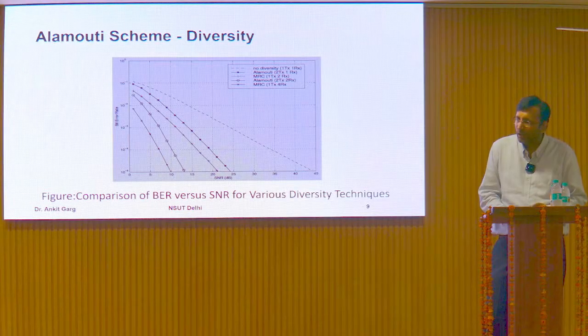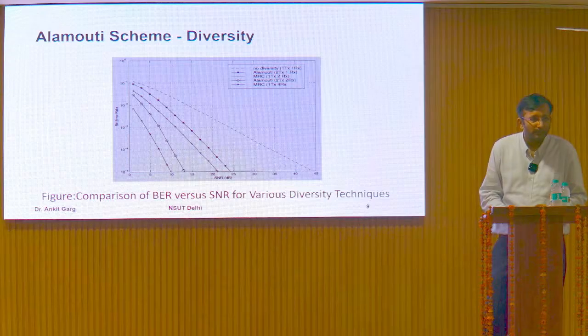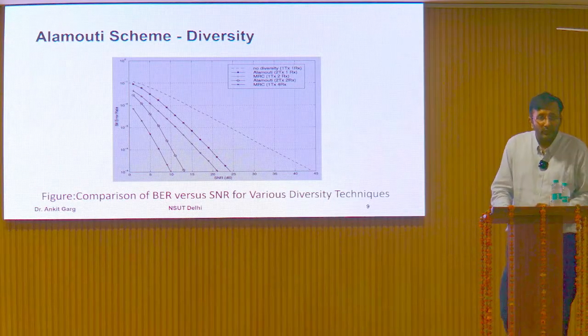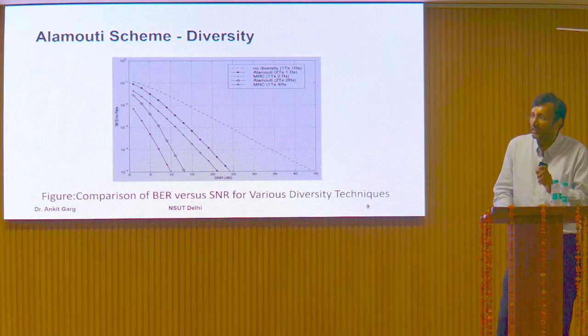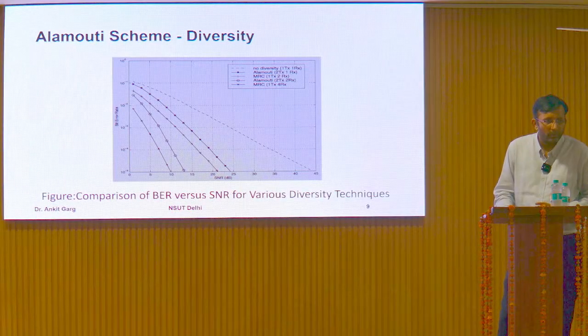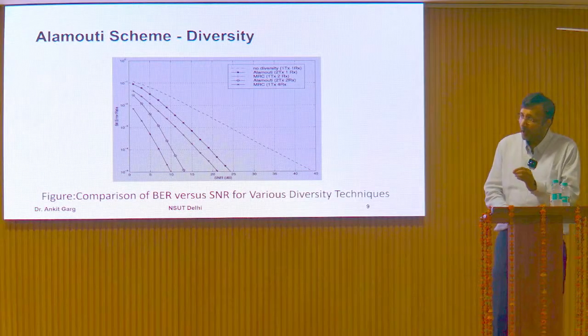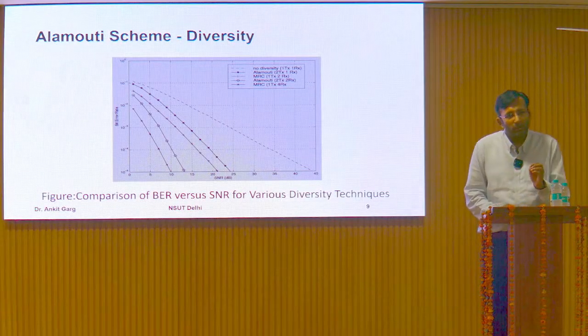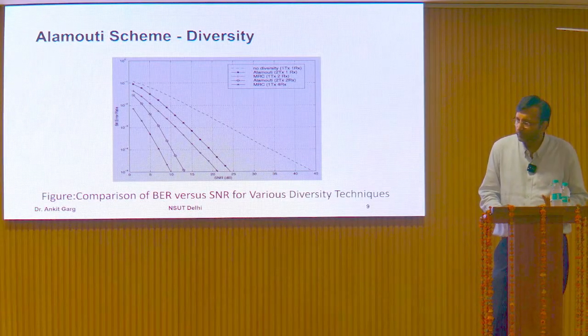Latency would be high, bandwidth and feedback overheads would be high, right? So what we propose here is partial channel state information, right? Partial channel state information means we would acquire the channel state information, but partially, right?